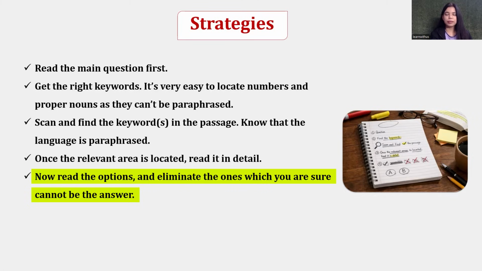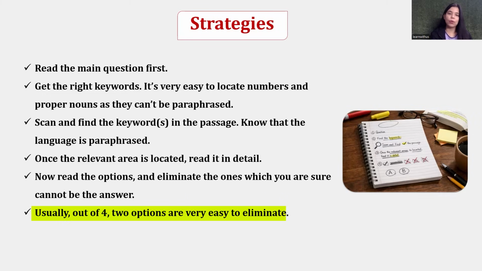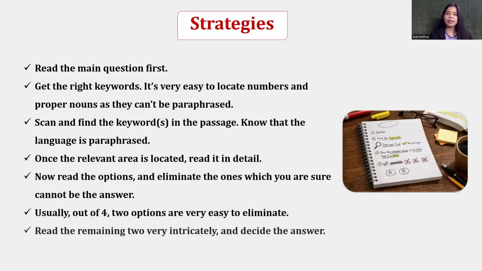Out of four options, it's very easy to eliminate two. The other two, you need to read very intricately to get the right answer. Read the remaining two very intricately and decide the answer. Each and every word matters. Do not ignore any single word from the options.